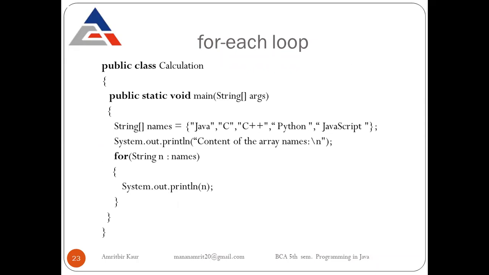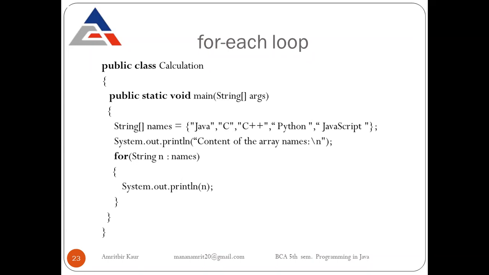Now let us understand with the help of an example. In the main function, firstly we create a string array. Here we write the string keyword used for the data type String, and in the brackets we do not pass any value. The size of the array can be variable, the number of values that can be stored.